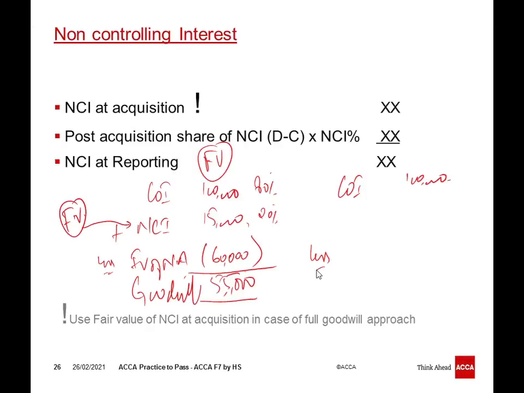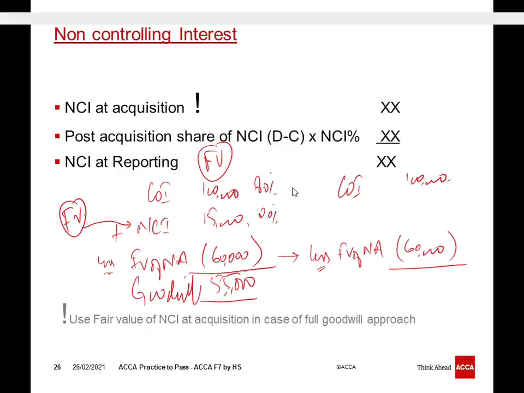Now, if you are required to calculate the NCI at the proportionate method, same fair value of net assets, same cost of investment, but NCI will be 20% of this amount. That is called the proportionate approach.